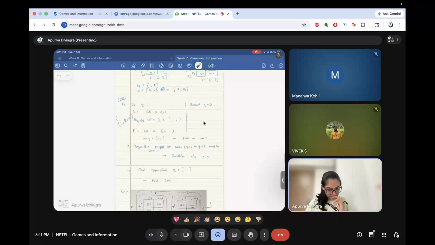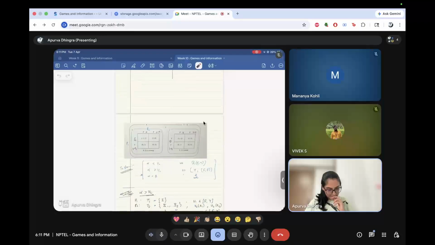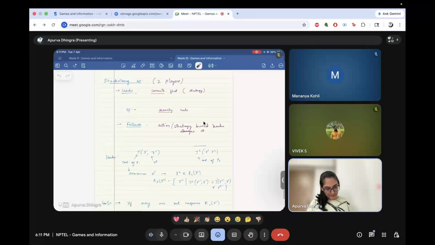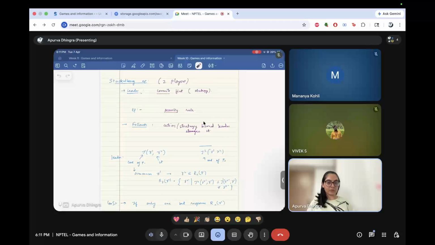The point that I want to quickly recap is Stackelberg games. This part becomes helpful in what we're going to talk about today also. This is another kind of equilibrium concept, or solution concept, where there are two players. One is a leader, the one who commits to a strategy first, as in if he has said that this is what he's going to do, that's exactly what he does.